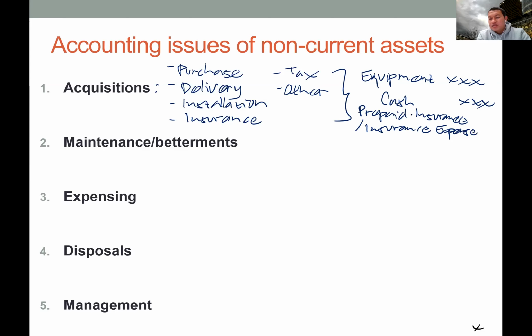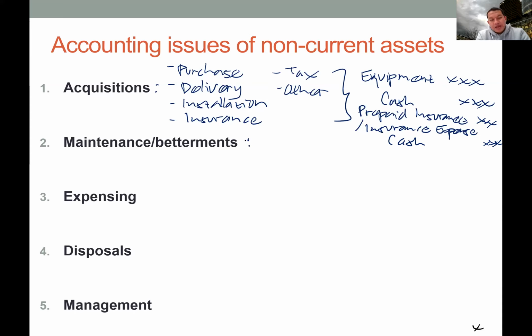It depends on the contract and the coverage of the insurance. And cash on the credit side. So that's the first phase, which is the acquisition phase.